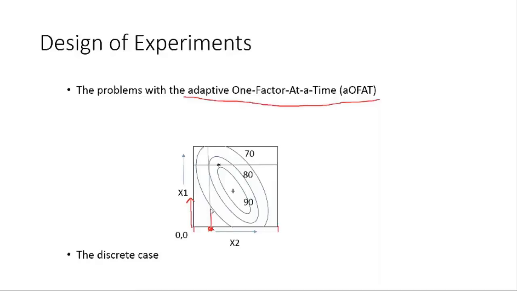That means you keep changing x1, and as you go through different values, you see different heights. For instance, when you set x1 to this value, you're seeing a height of 70. Why? Because this is the contour line of 70. When x1 is equal to this value, you see a height of 80.